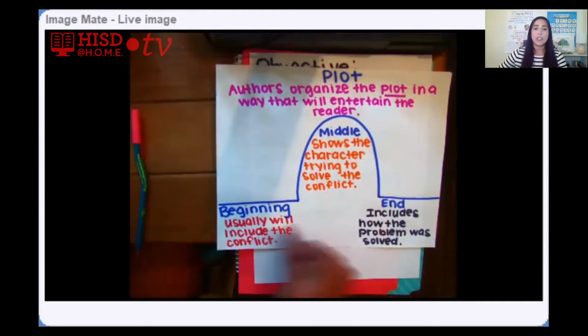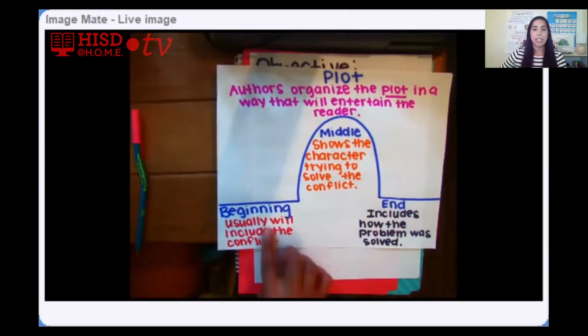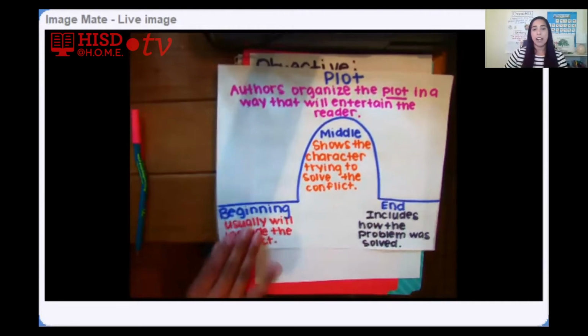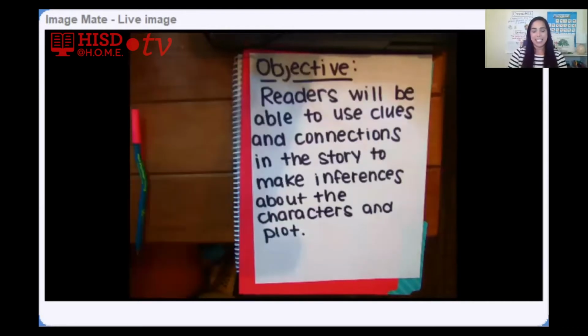Well, we're going to use the plot, boys and girls, the beginning, middle, and end to figure out some inferences. And so using the clues and the plot and the story to help us, we can make guesses about the characters, which we've spoke about before, who or what the story is about.